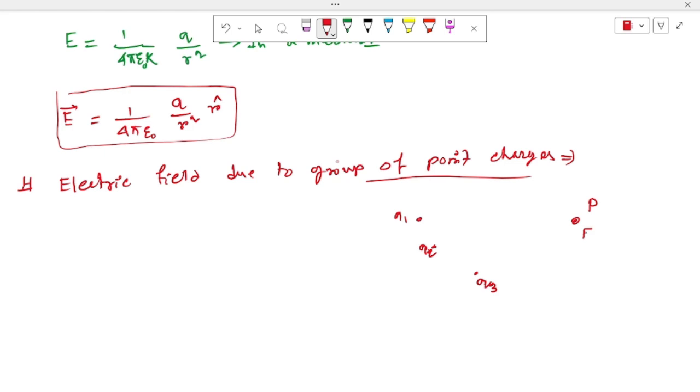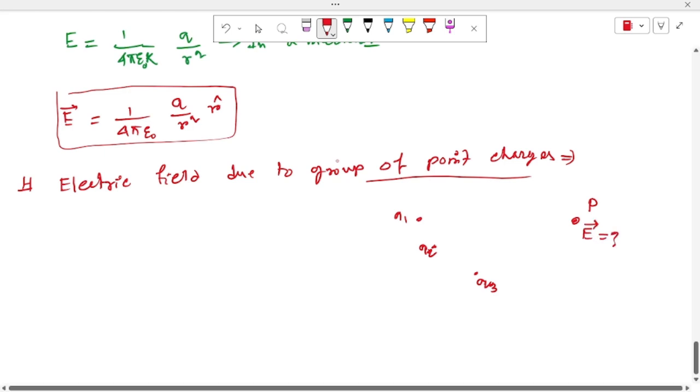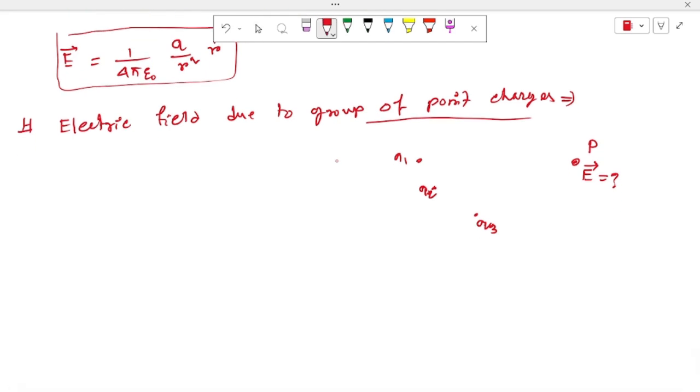The electric field vector is equal to the electric field due to the charge Q1, that is E1 vector, plus E2 vector, plus E3 vector, plus dot dot dot, plus En vector.